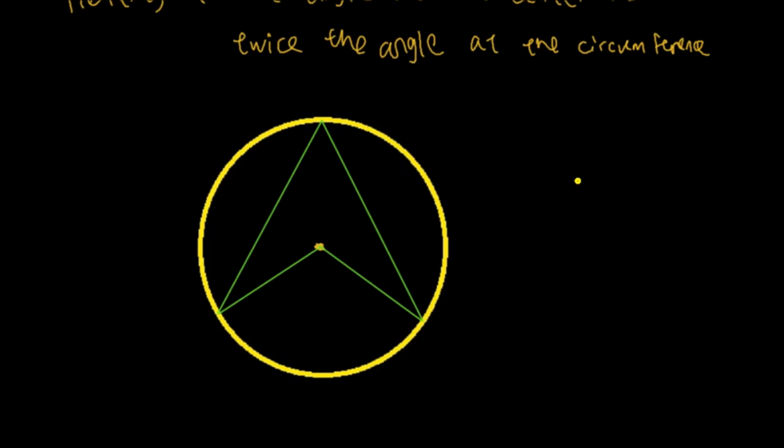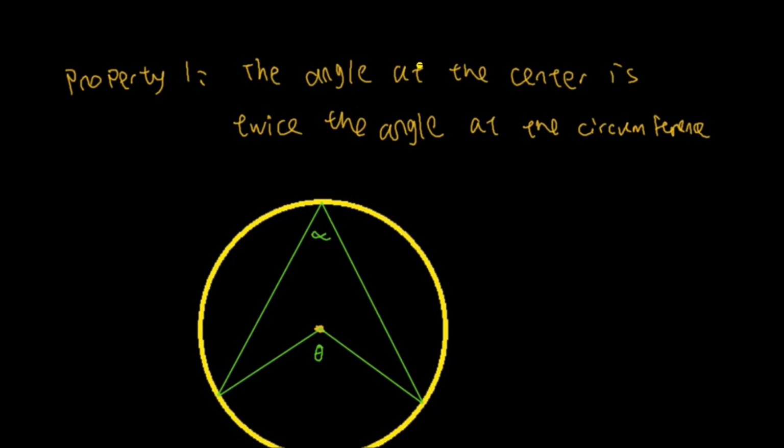Okay, so let's call this angle here, angle theta. And let's call this angle here, angle alpha. So it's this angle and this angle. What this theorem is saying is that the angle at the center is twice the angle at the circumference.